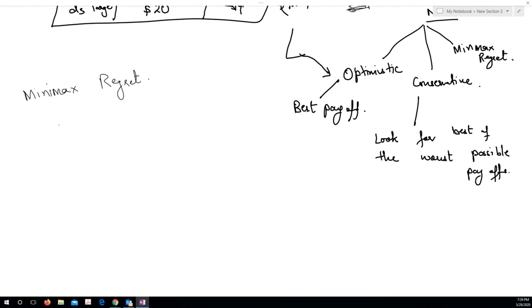You try to find out, if I have chosen this option, how much money I would lose if the strong market has happened or if there's more demand in the future. It's like finding opportunity loss.